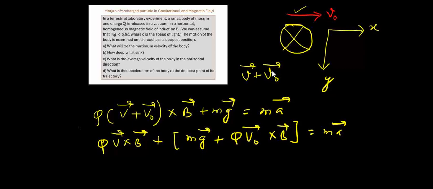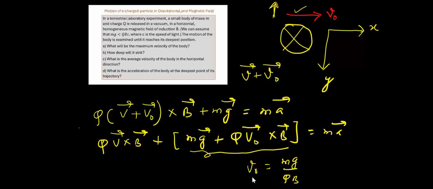Now we are going to try a trick. You can see this expression, and if the magnitude of v0 is chosen appropriately, simply as I can suggest, you can choose v0 equals mg upon qB, and you can see the direction of v0 cross B will be in the vertically upward direction.